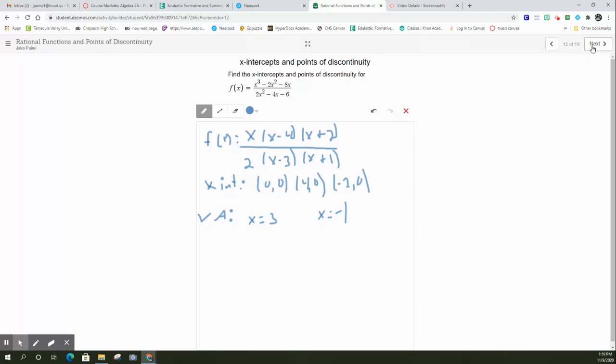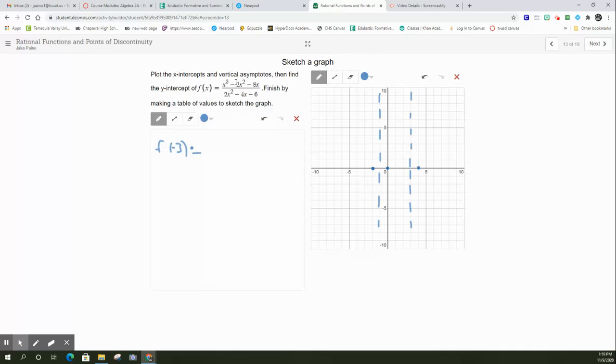Or you could plug it into everything here. If I plugged in -3, -3 cubed is -27. 3 squared is 9, so that's -18. And then -3 times 8, so that's going to be +24. So that's going to add up to -21.